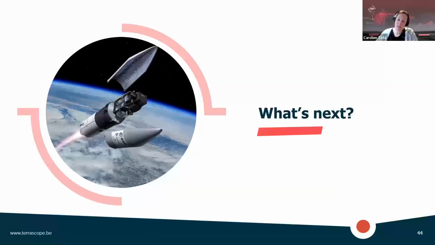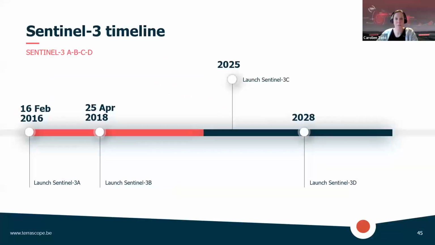Then the last section, what's next? Sentinel-3C is being prepared for launch. It will be launched in 2025 from French Guiana. Let's hope. After launch of Sentinel-3C, they plan again a tandem phase.